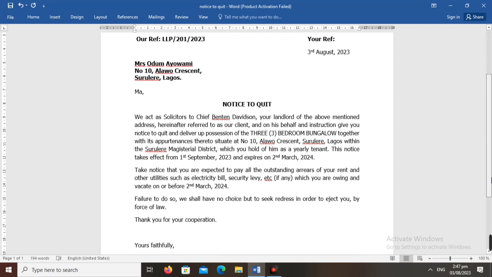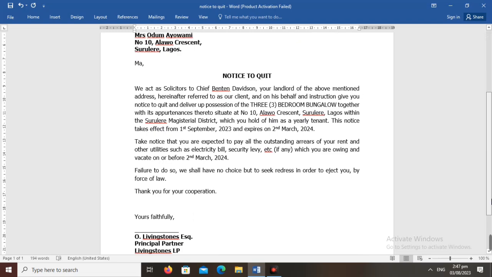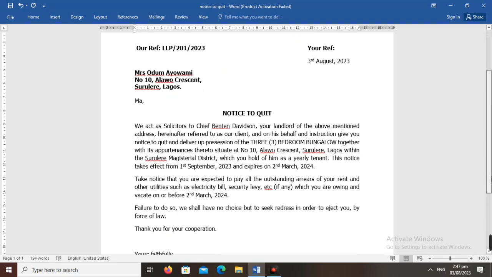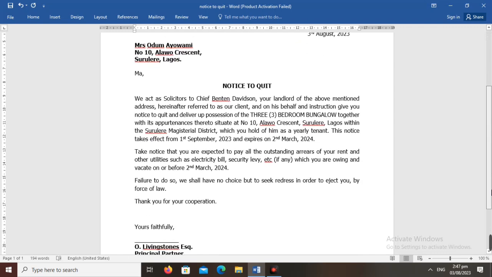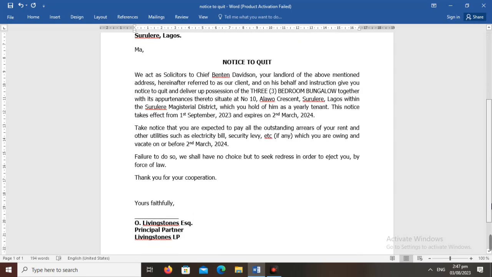Now, in the next paragraph, we tell the tenant what we expect them to do before they move out or when they are moving out. Take notice that you're expected to pay all the outstanding arrears of your rent and other utilities, such as electricity bill, security levy, etc., if any, which you are owing, and vacate on or before 2nd March 2024.